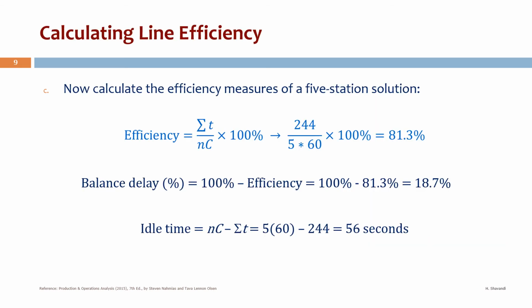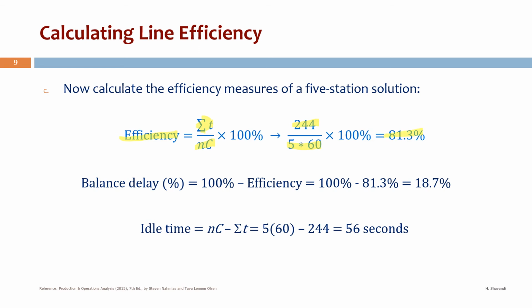So now we can calculate some performance measures here. The first one is the efficiency. Efficiency is the sum of the processing times divided by n times c. As you remember, n is the number of stations and c is the cycle time. So here the total time, as you remember, is 244. We have 5 workstations and the cycle time is 60, so 5 times 60, it will be 81.3%.